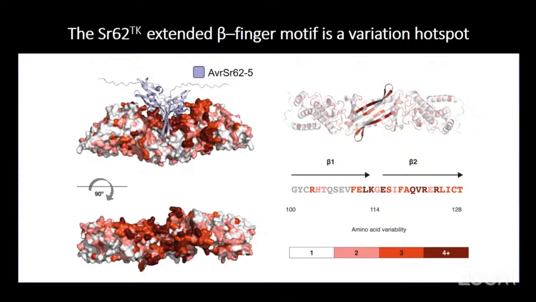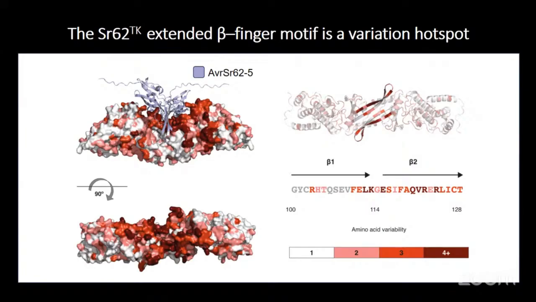So it would appear that there's been selection for variation at the recognition surface. So there's really an arms race going on between the effector and the immune receptor.